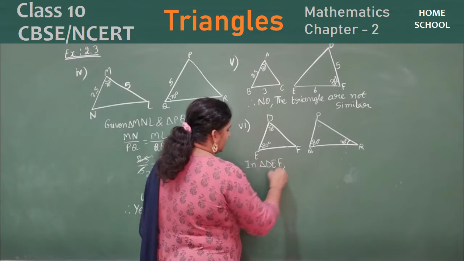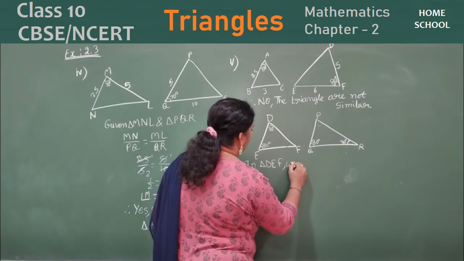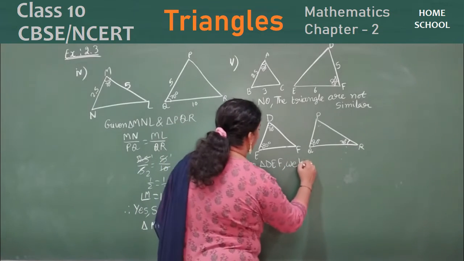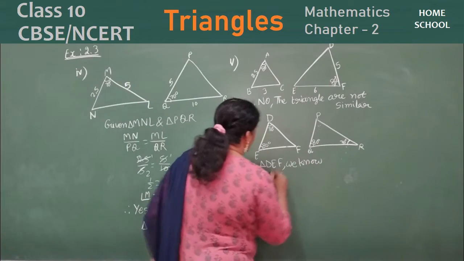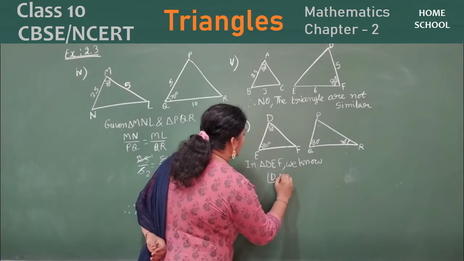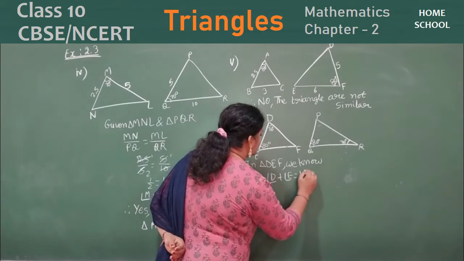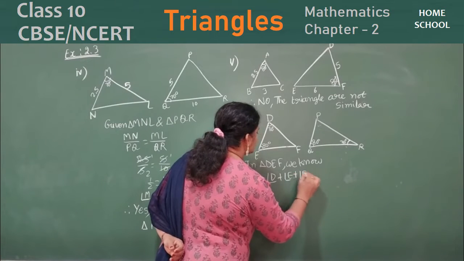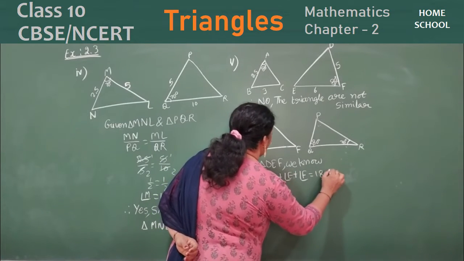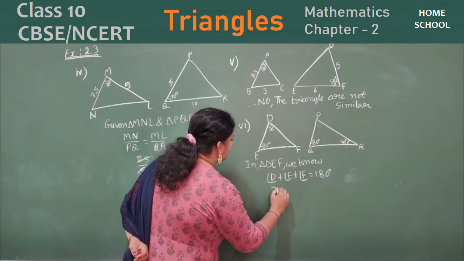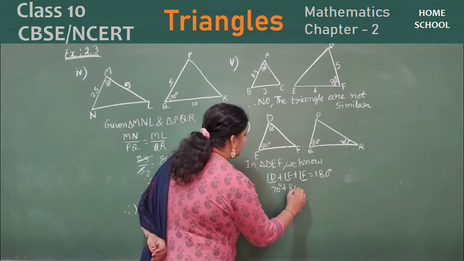In triangle DEF, what do we know here? We know the sum of the interior angles of a triangle is 180 degrees. What is D? 70. E is 80.